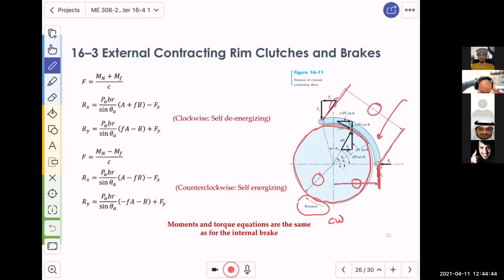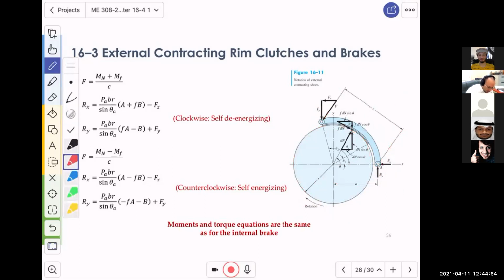We have an actuating force here. We have 2 reactions here. We have a shoe. By the way, let me clean it and then show it to you again. We have a shoe which starts from this is theta 1, and end in there, which is theta 2. And at an arbitrary angle, we can again resolve the forces into normal forces and frictional forces.